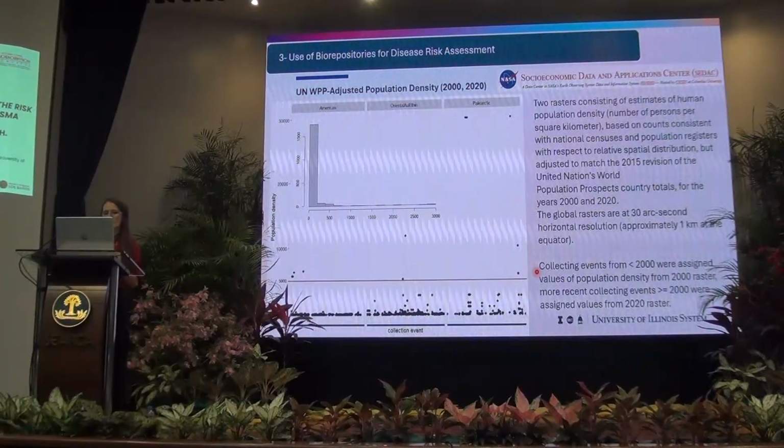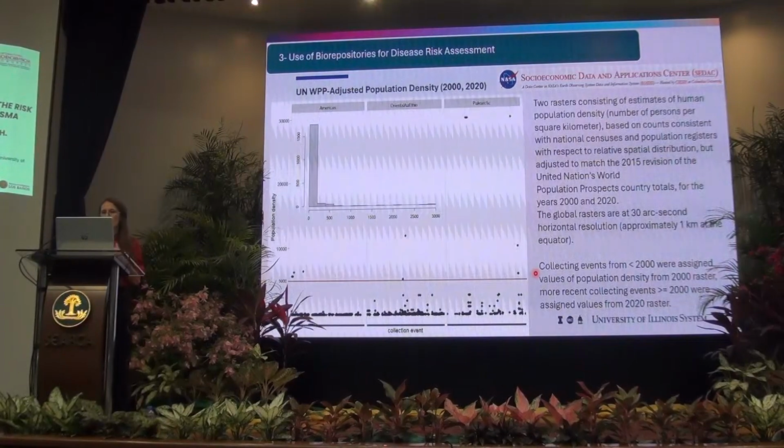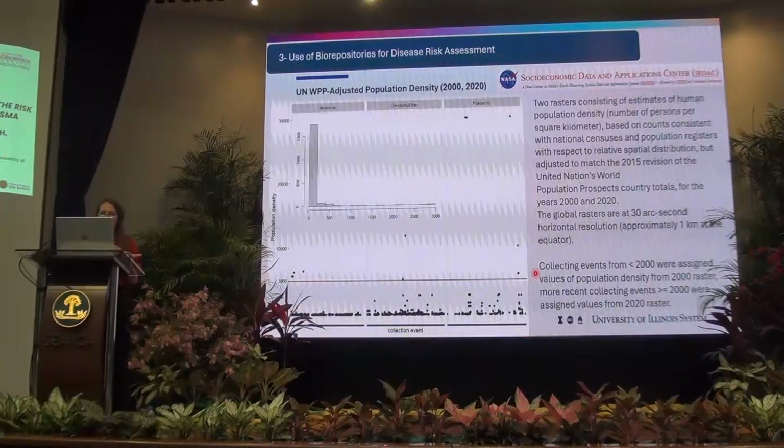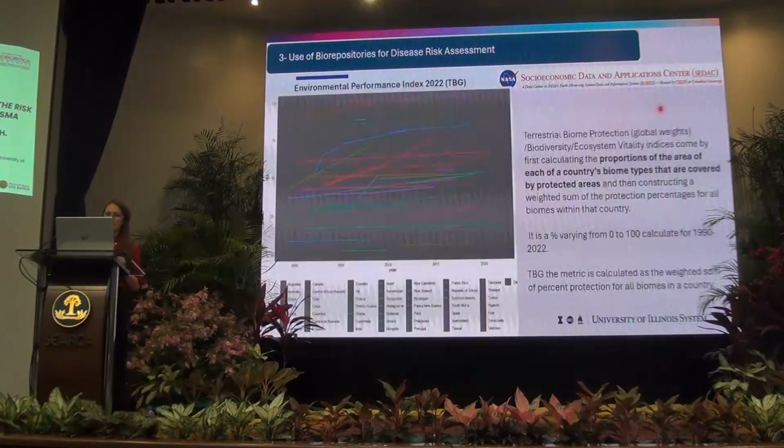So of course, as you can see, the population density is pretty low overall because we are in a remote area. There are a few outliers that we take care of, but this is what it is. And it varies from 0 up to this red line, mainly 5,000 persons per square kilometer.